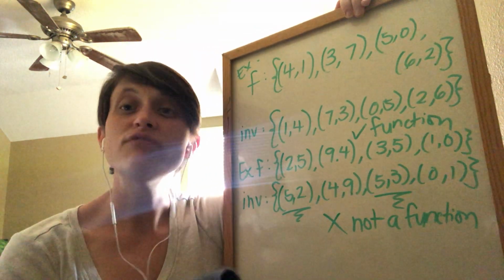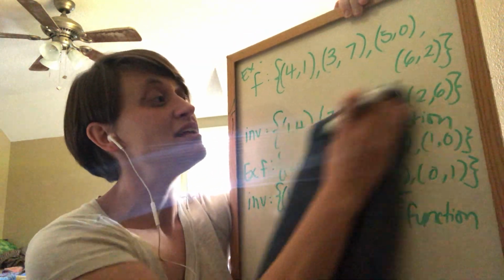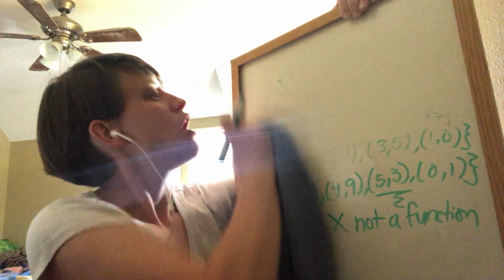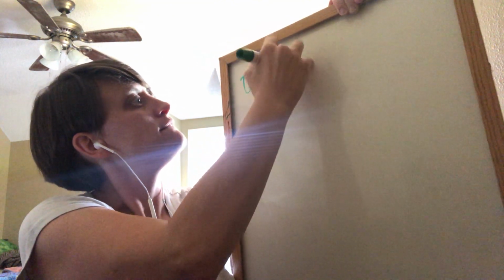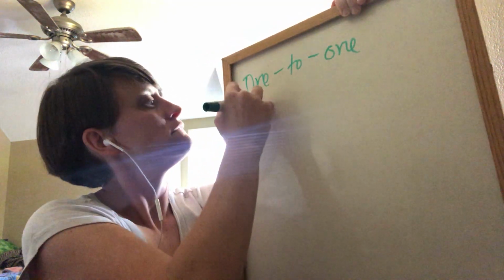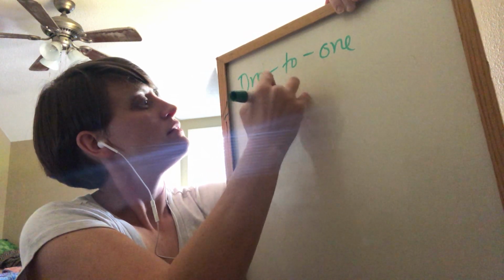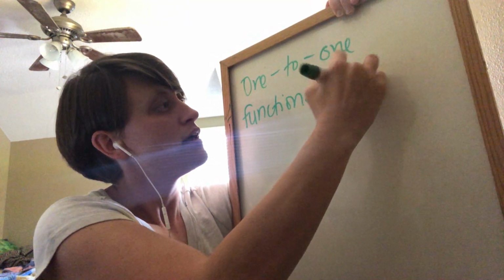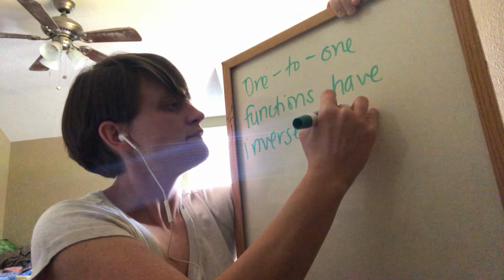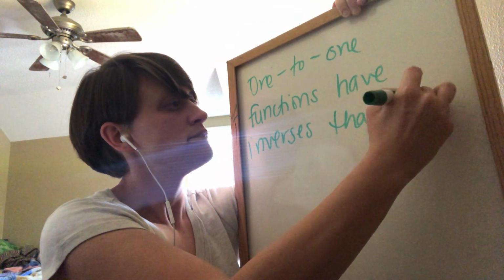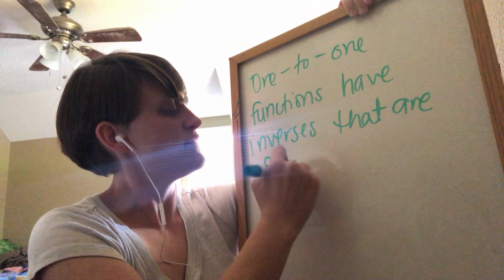So the types of functions we're looking for that have an inverse that is also a function are called one-to-one functions. One-to-one functions have inverses that are functions.